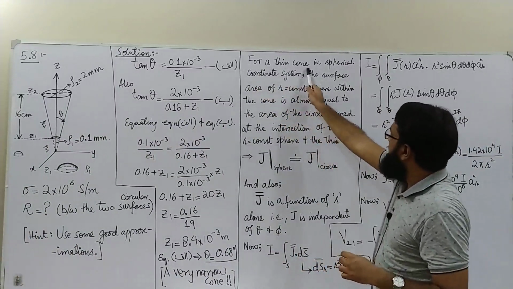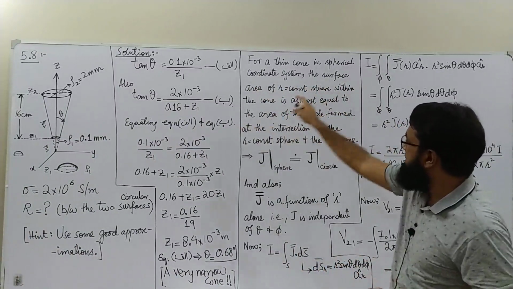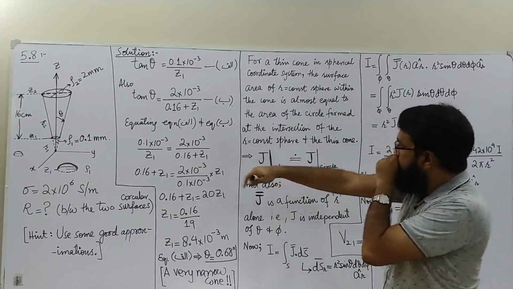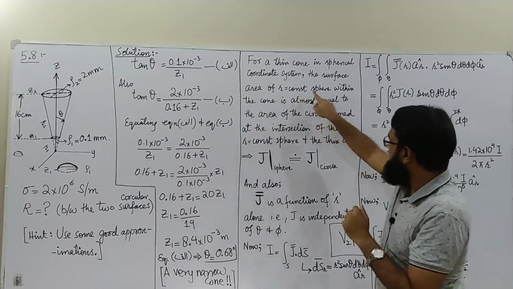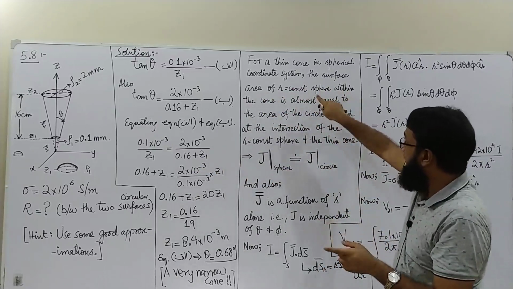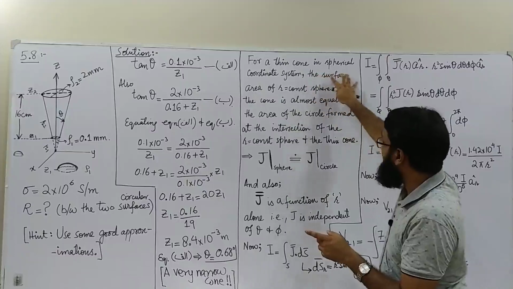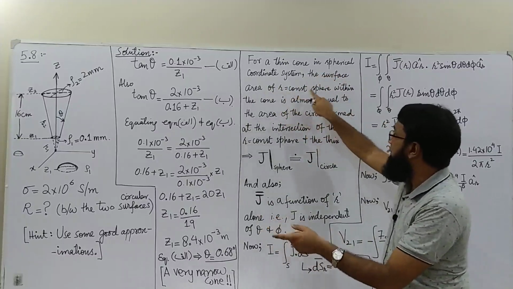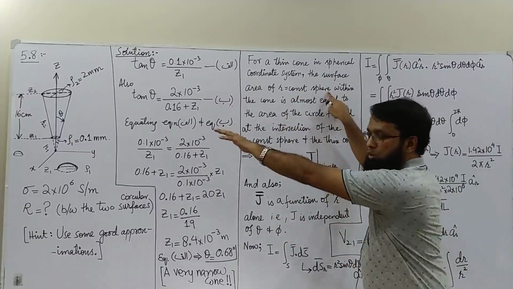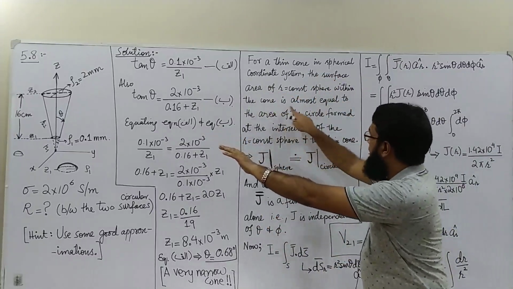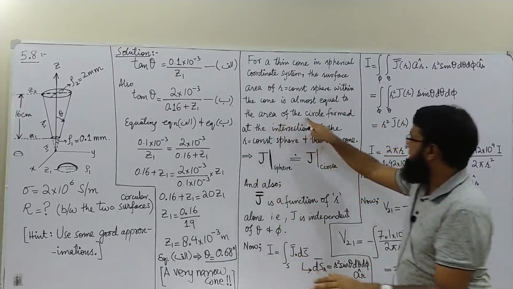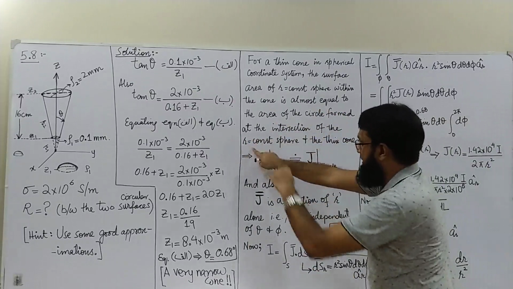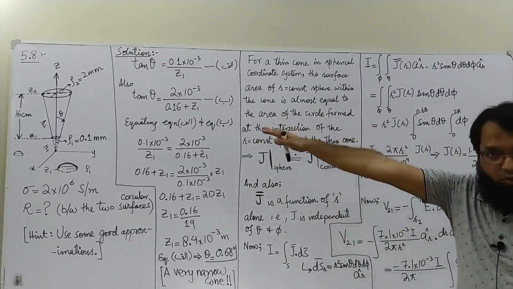For a thin cone in a spherical coordinate system, the surface area of an r equals constant sphere, and we are not talking about the whole sphere, but rather the surface area of the r equals constant sphere which is within the cone, is almost equal to the area of the circle formed at the intersection of that r equals constant sphere and the thin cone itself.